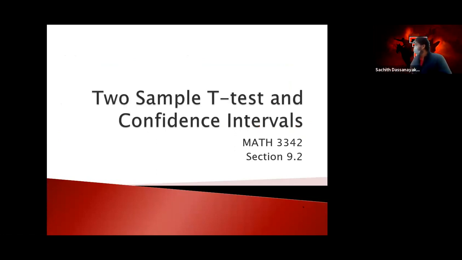In the last two cases, we either know the population is normally distributed and we know the population standard deviation, or the sample is large enough that we could approximate a normal distribution and deal with the Z table.